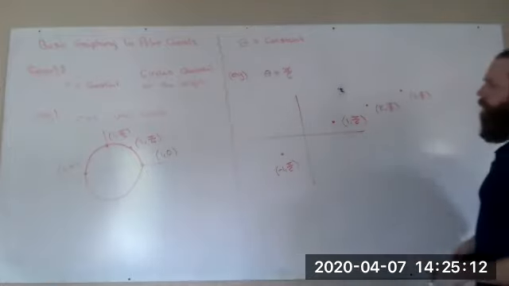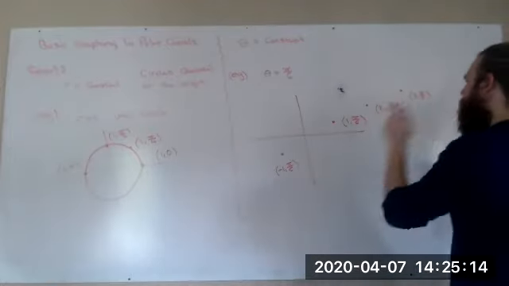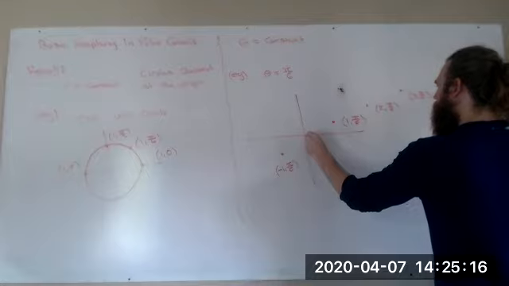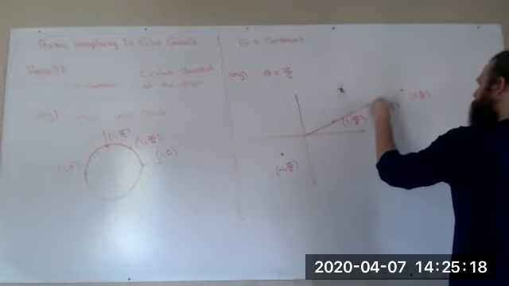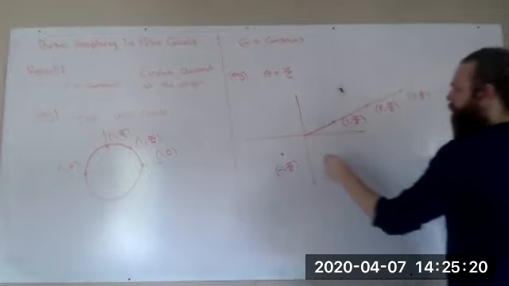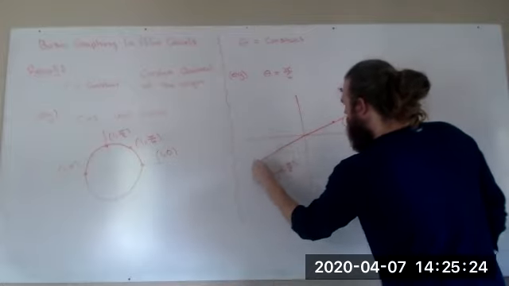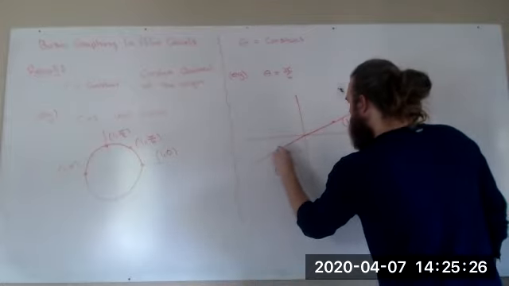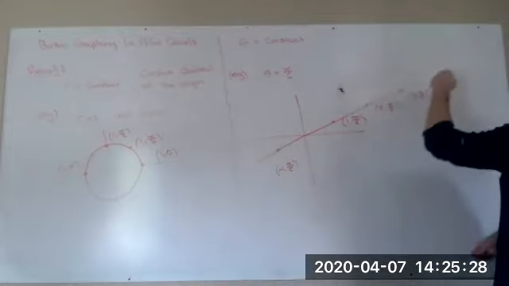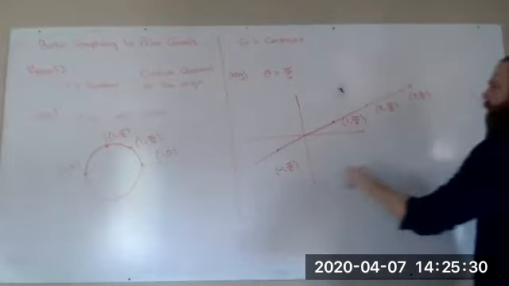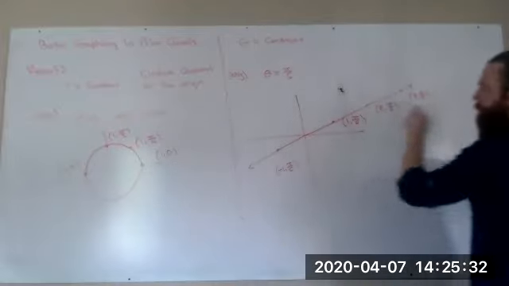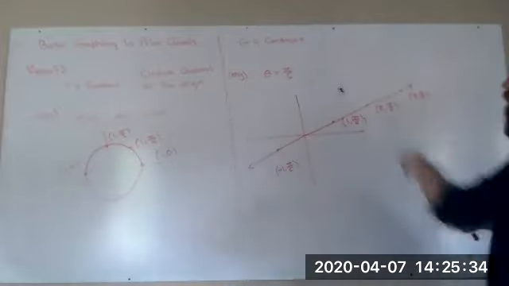So it's just like when you were learning to graph basic equations in your very first algebra class. We're just plotting points. And you can see that if I connect all these points, you can make as many of them as you want, I'll get this straight line. It's a line passing through the origin. So theta equals constants.